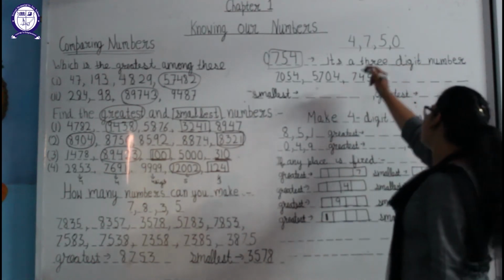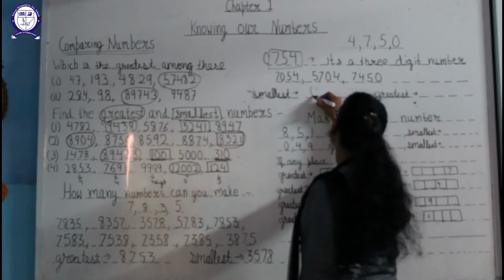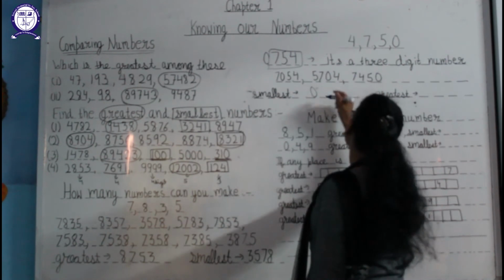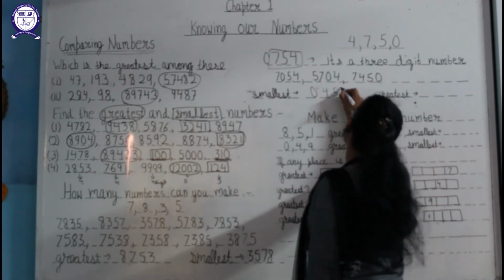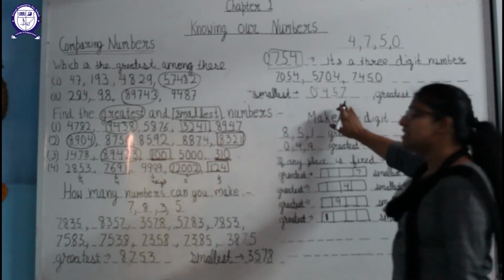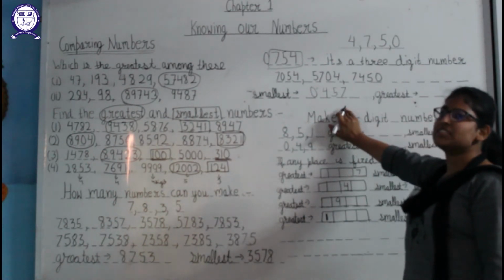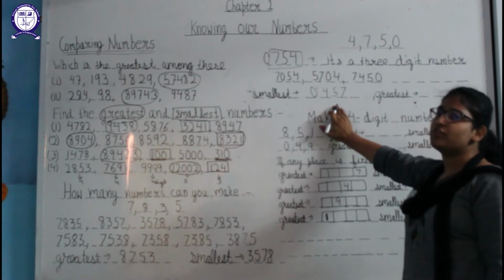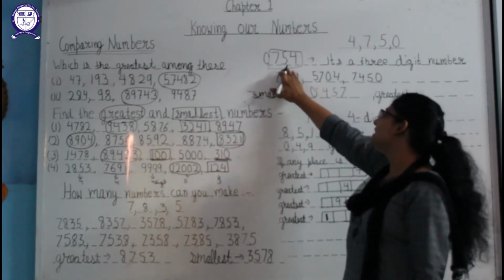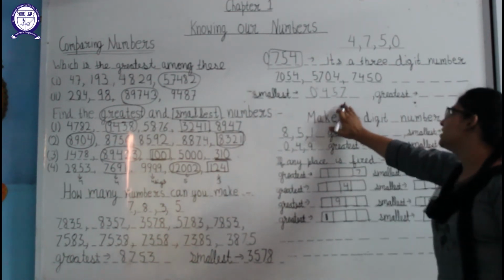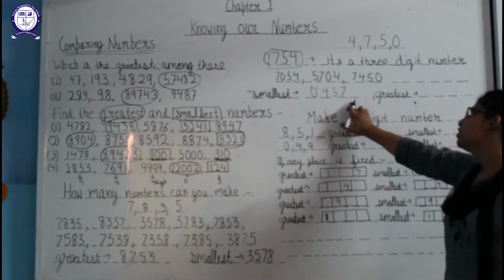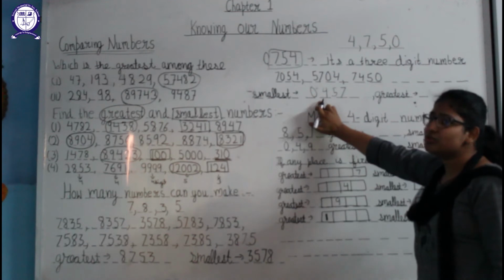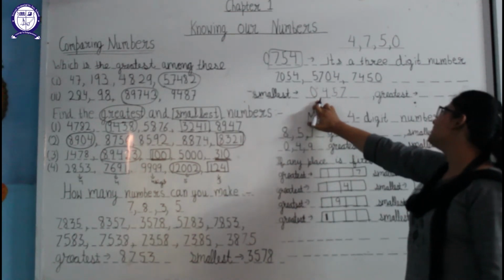So should we place 0, the smallest, at the first place, then 4, which is greater, then 5 and at last 7? But can we say that this is the smallest 4-digit number? This is not a 4-digit number. As I told you earlier, it will be read as 457. So here also we should not use 0 at the first place.